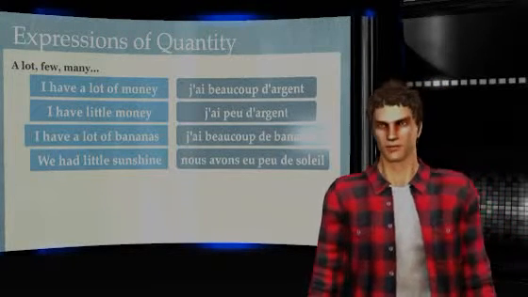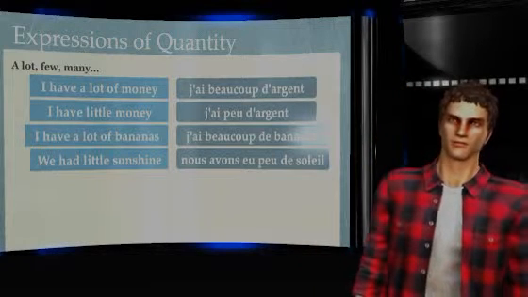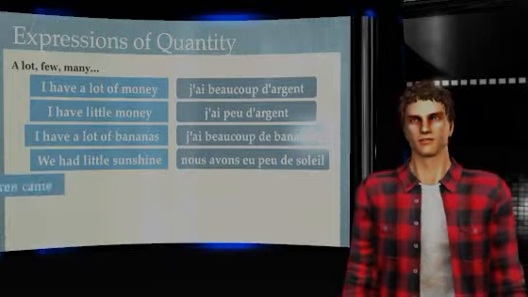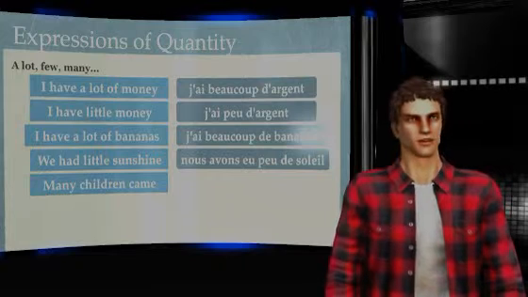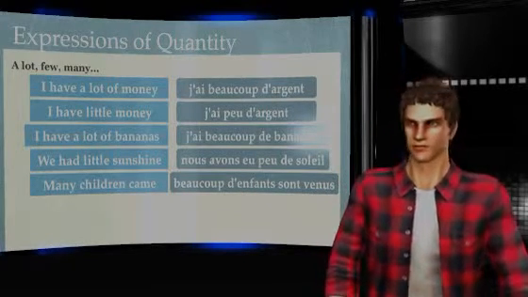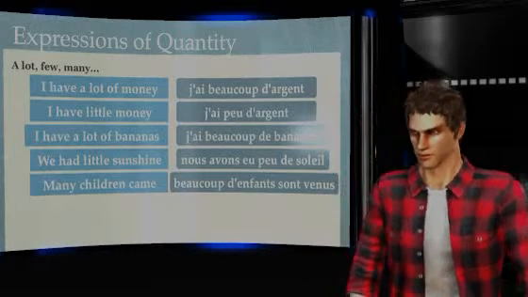Again, peu is the expression of quantity, and we use de for soleil. Here it is easy to understand because soleil is singular. Many children came. Beaucoup d'enfants sont venus. We don't say beaucoup des enfants sont venus. No, beaucoup d'enfants sont venus.